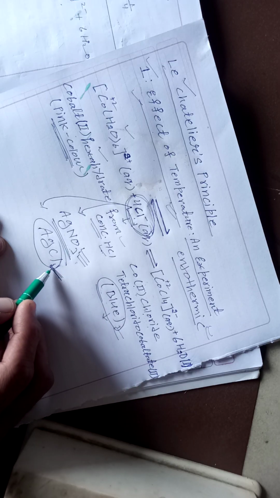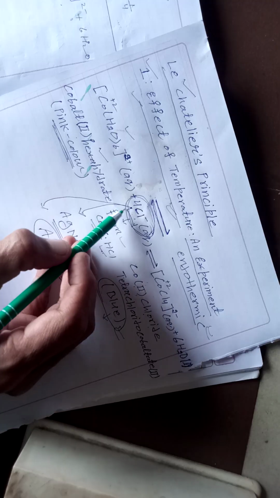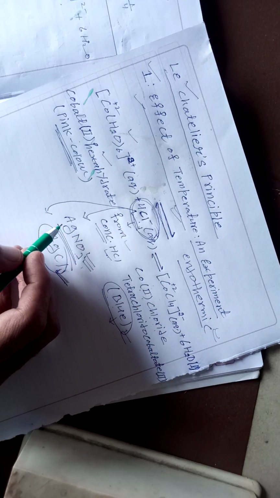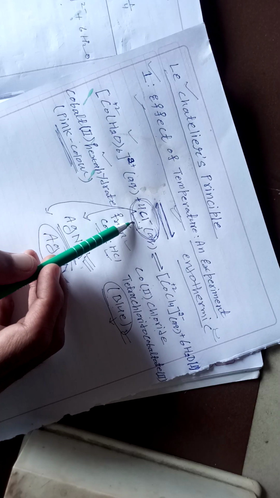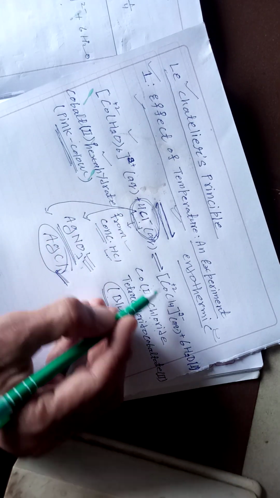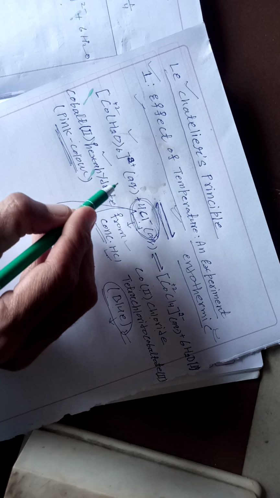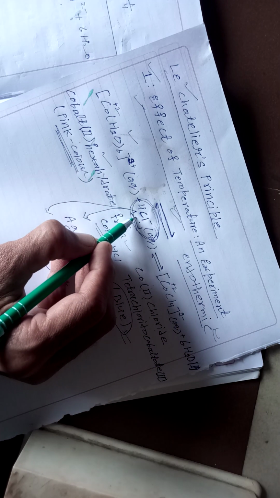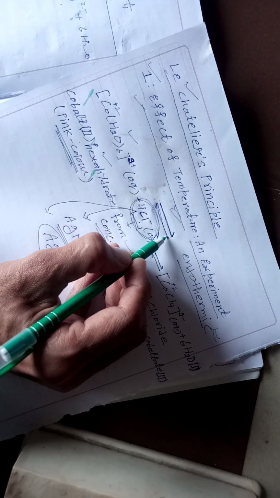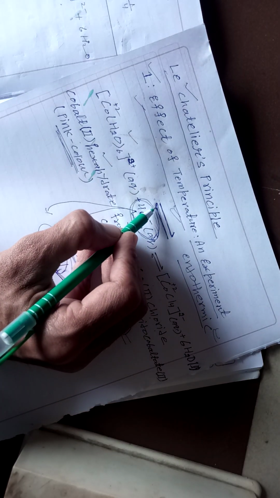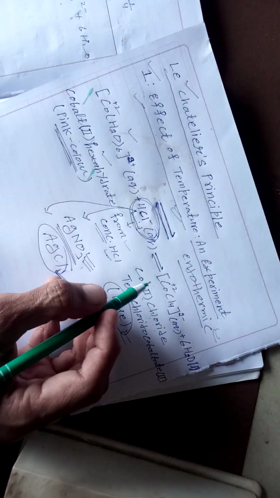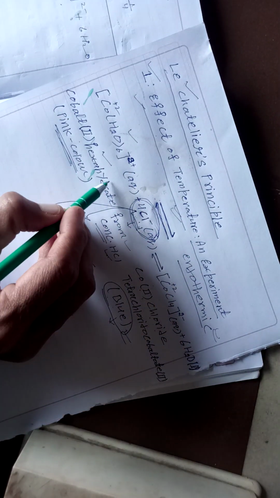So when the chloride ion concentration decreases, our equilibrium will shift in the reverse direction. Why? Because when you decrease chloride ion, the equilibrium shifts in the backward direction, because the complex will decompose to give chloride ion.